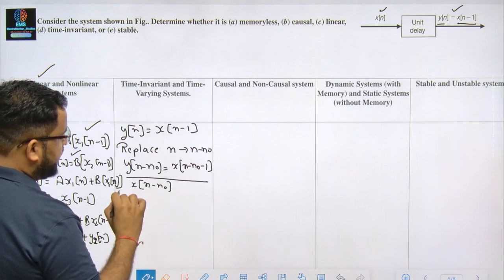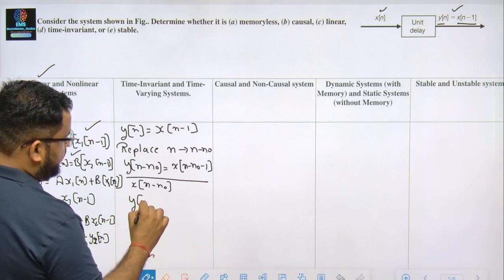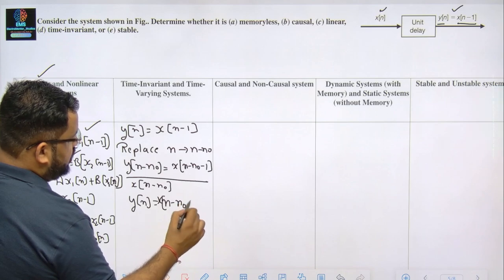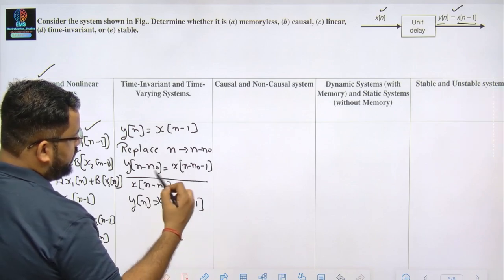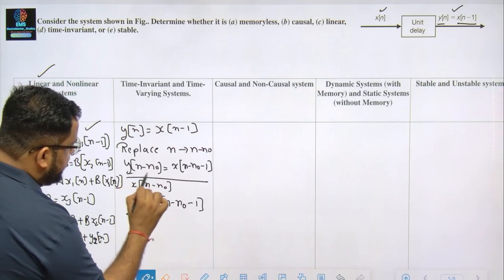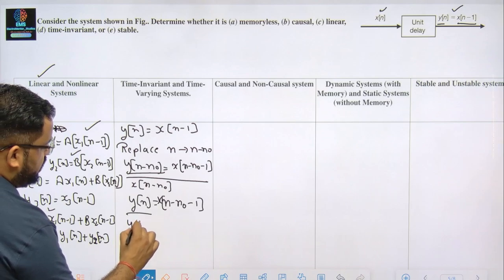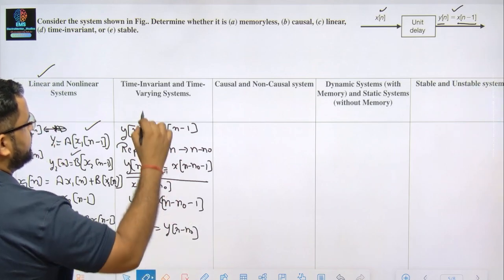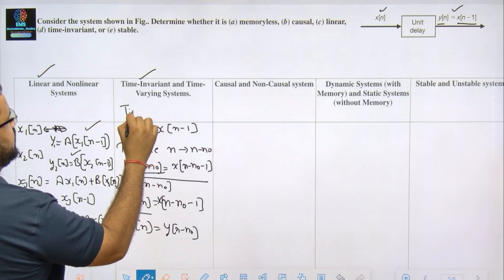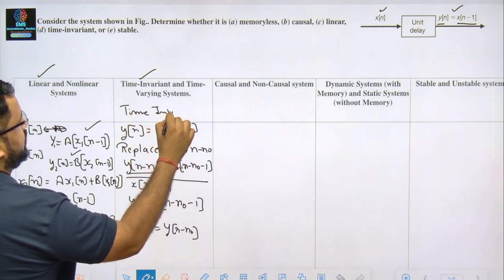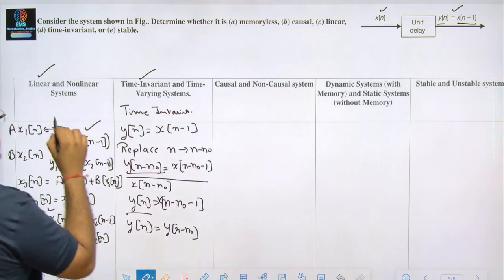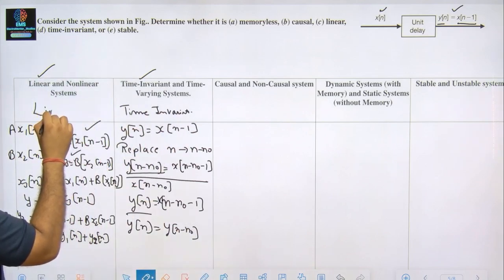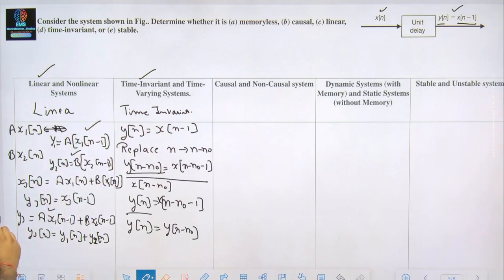If I feed x[n-n0] to the system, what will I get? y[n] is nothing but x[n-n0], delayed by 1. So you see y[n] is equal to y[n-n0]. Hence, my system is time invariant. So my system is linear, and my system is time invariant.